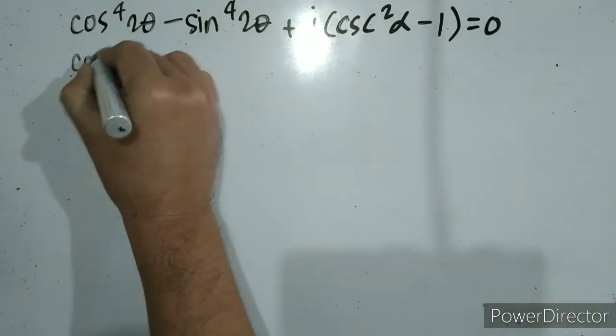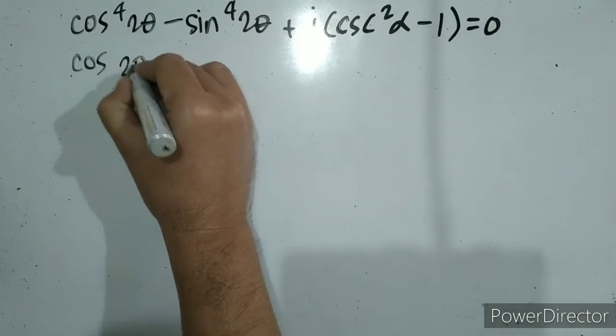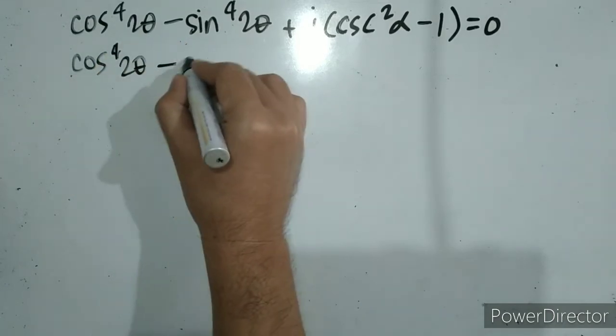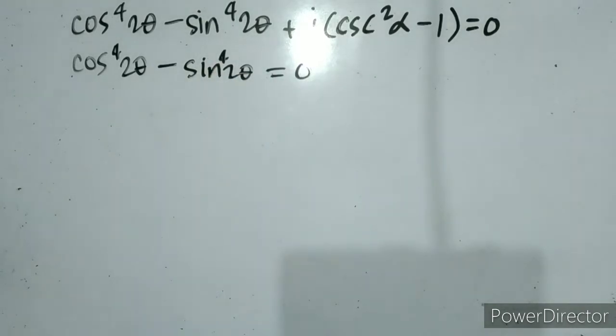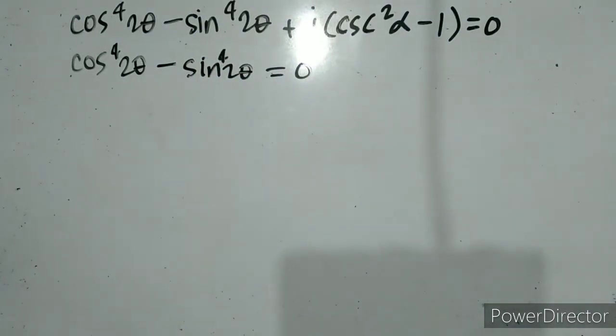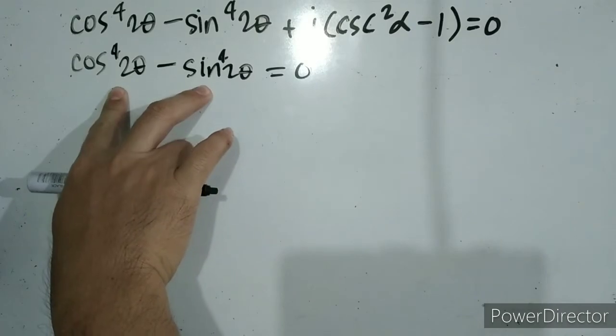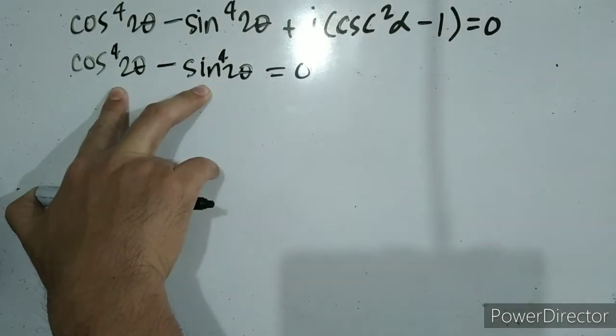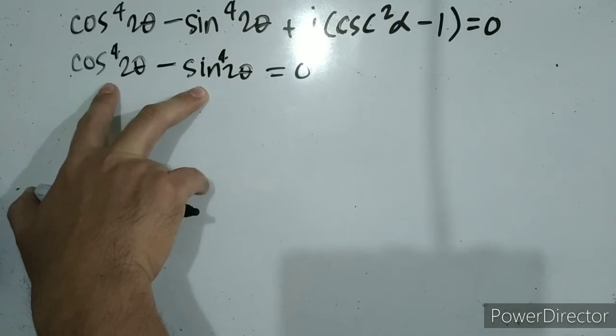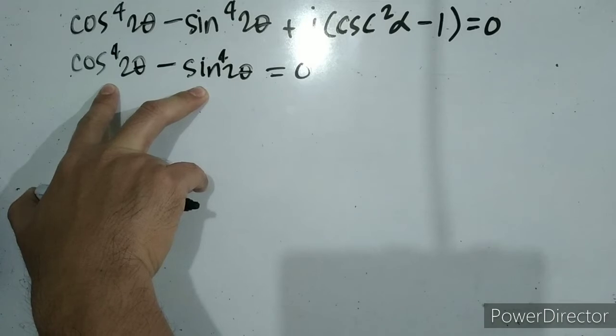So cosine 2 theta to the power of 4 minus sine 2 theta to the power of 4 is equal to 0. You remember that this has an identity. This can form a difference of two squares.